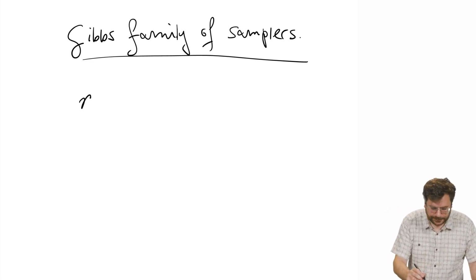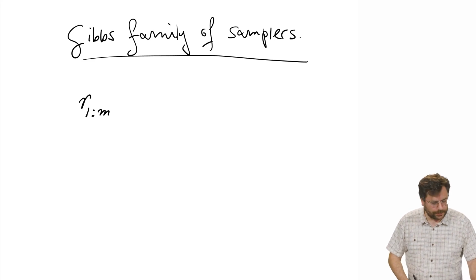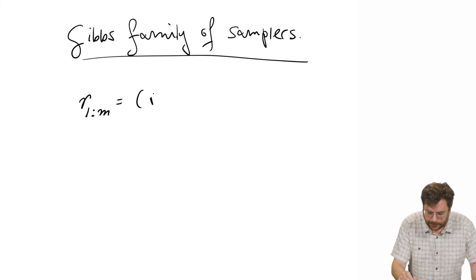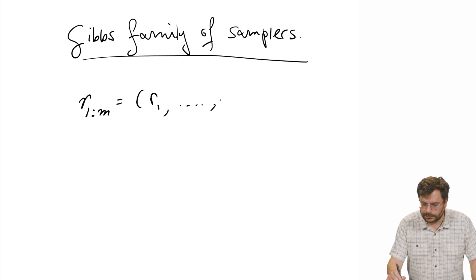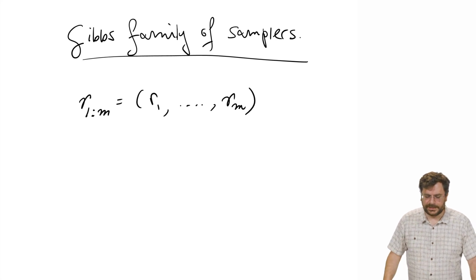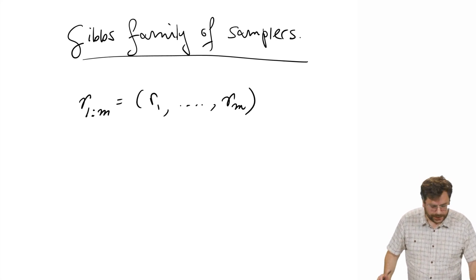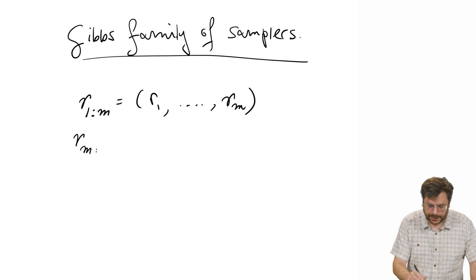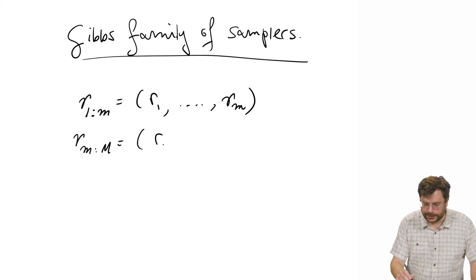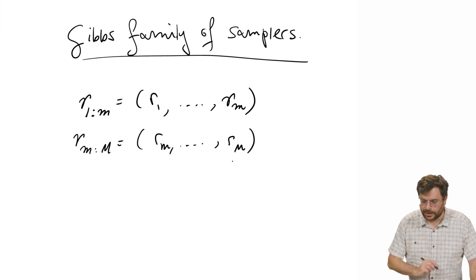So we think of having many variables, let's call them 1 to m, from which we sample. And we already know that this is a vector of R1 all the way to Rm.